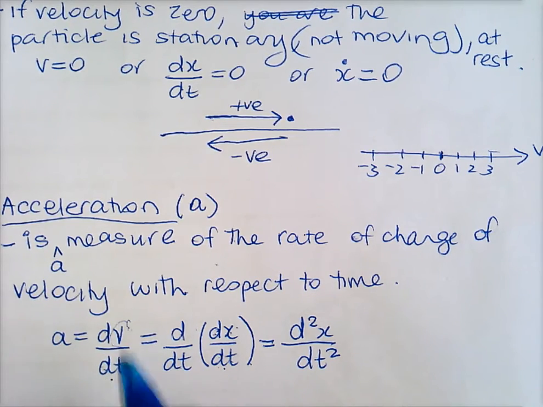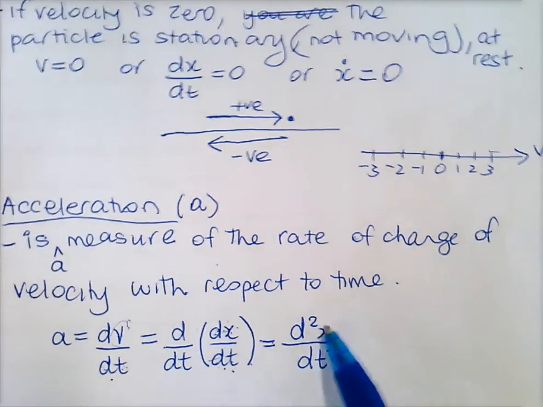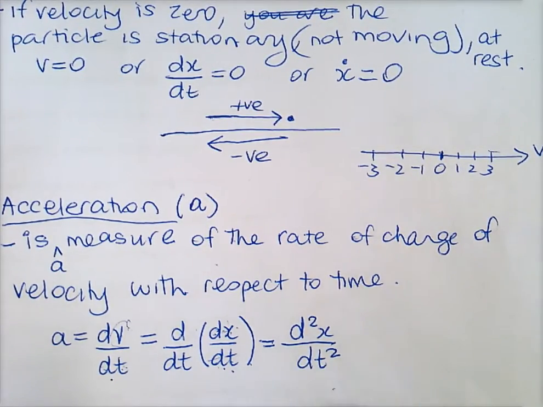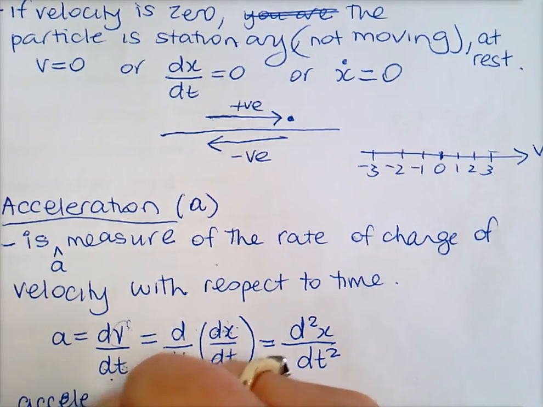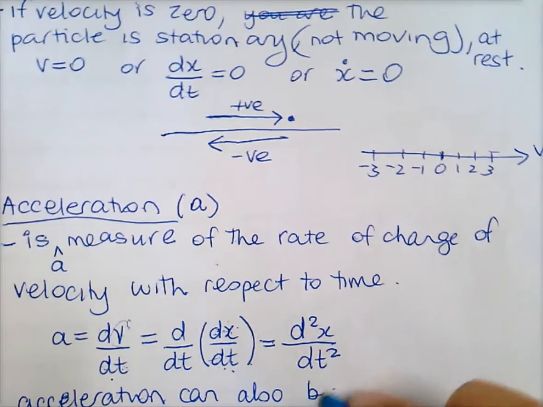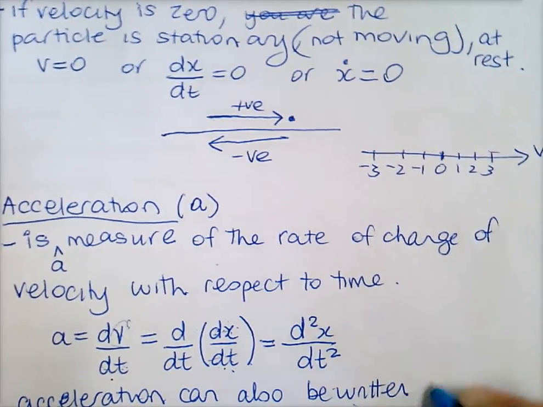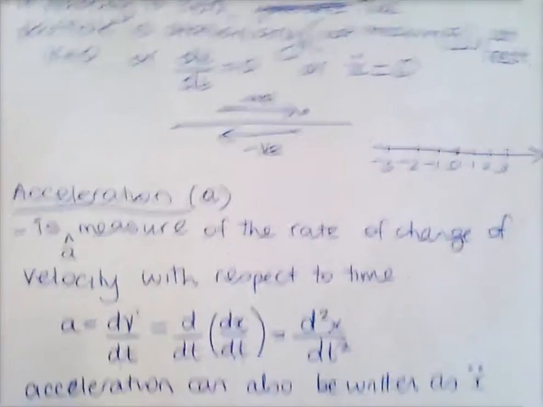So it's d by dt of v, and v is replaced with dx/dt. So therefore, to get acceleration, you have to differentiate twice, and that's how you write the second derivative, d squared x by dt squared. So acceleration can also be written as x double dot.